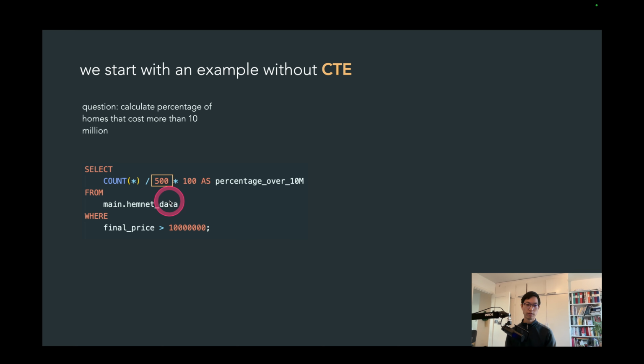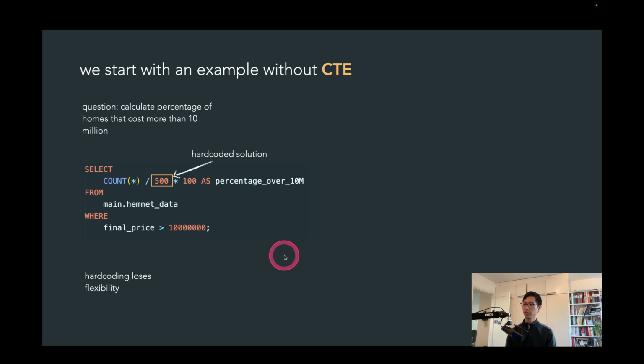Well, we have 500 here. This is a hard-coded solution, and that is not very good, because what if we add more rows and then it's not valid anymore? If we have, for example, 600 rows, then we need to change this to 600. We would like to have some kind of variable, right? So hard coding loses flexibility.